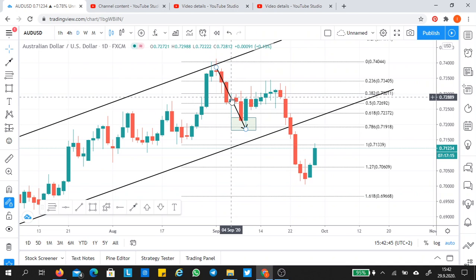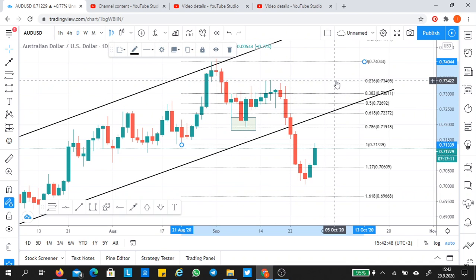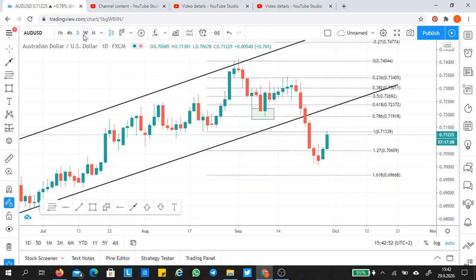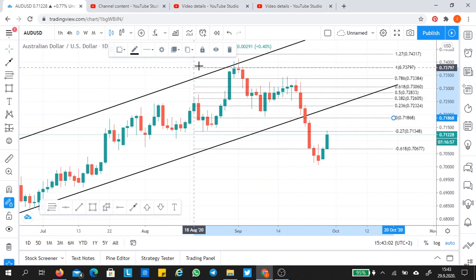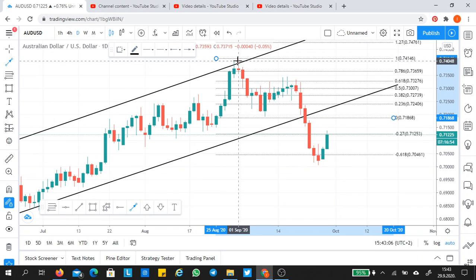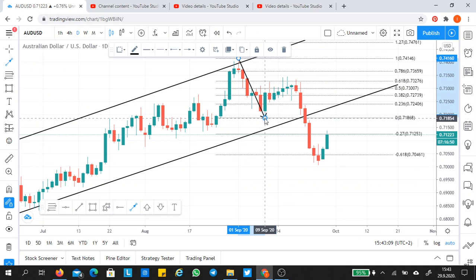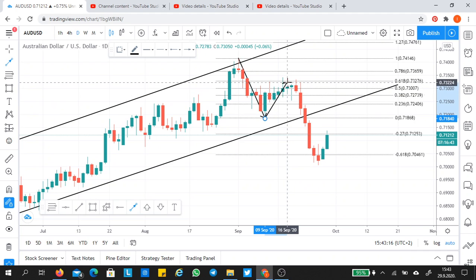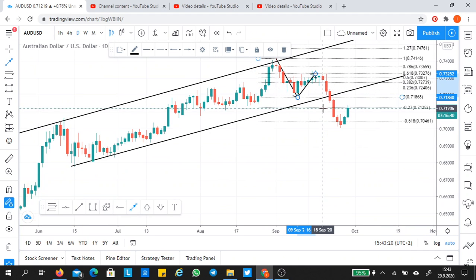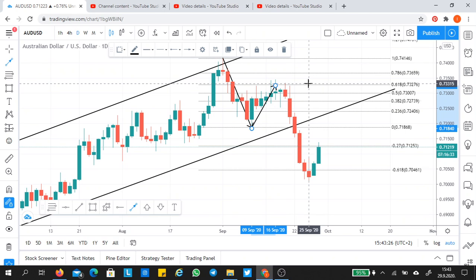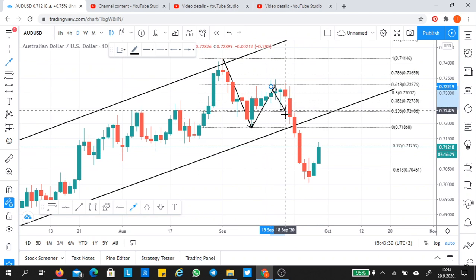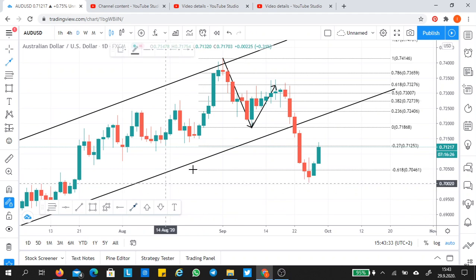So I didn't want to go against this major trend, and I didn't go short on the Aussie, but checking the daily, you can also see that if you draw fib from high to low, so from here to here, when we saw that this bullish scenario was not going to happen, here we have a situation where the price retraced to the 61.80, almost to the pip, and you can see where this move finished.